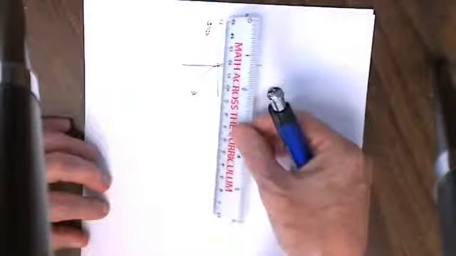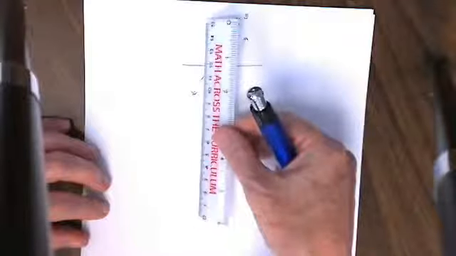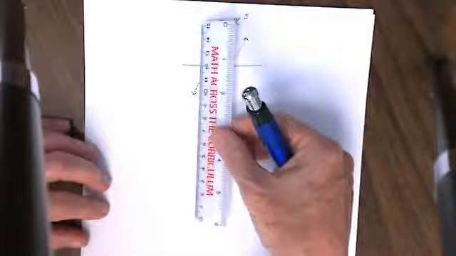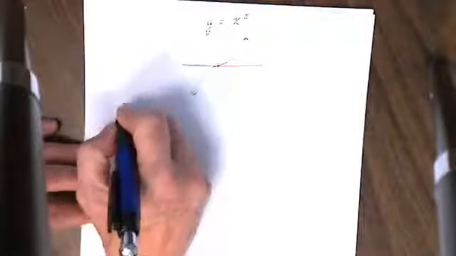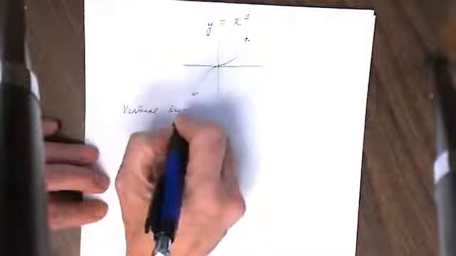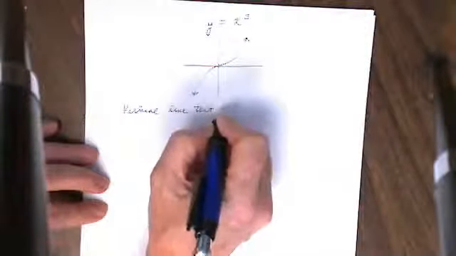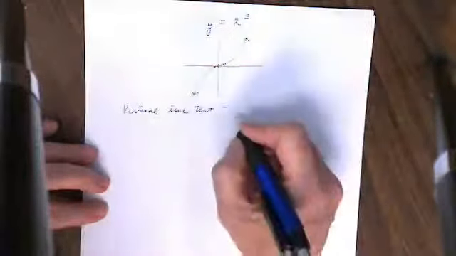And now when I look at this graph, I can tell that this is the graph of a function because if I hold my ruler vertically at any location on the graph, it passes the vertical line test. That's a test to see if this is a function. So the vertical line test is testing to see if I have a function.